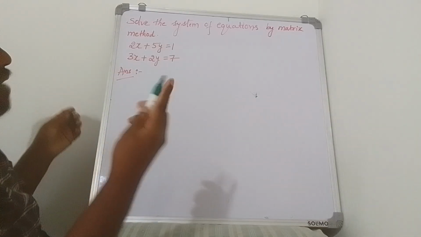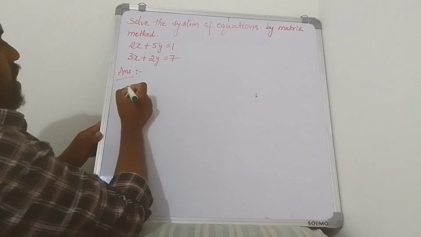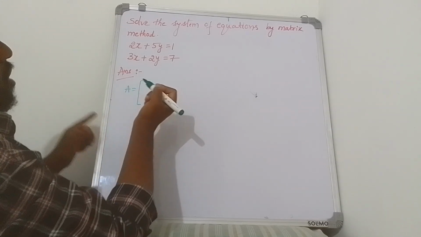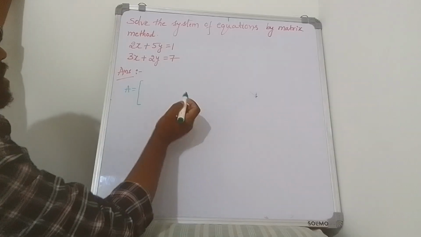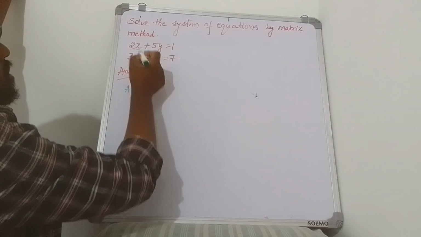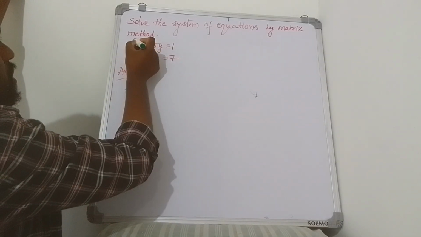Okay, first we have to write three matrices. First one is matrix A. Open the bracket. How can we write? Now first consider variable x. Consider the coefficients of x, 2, 3.